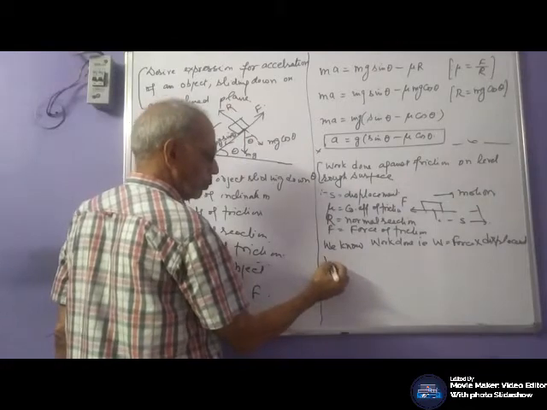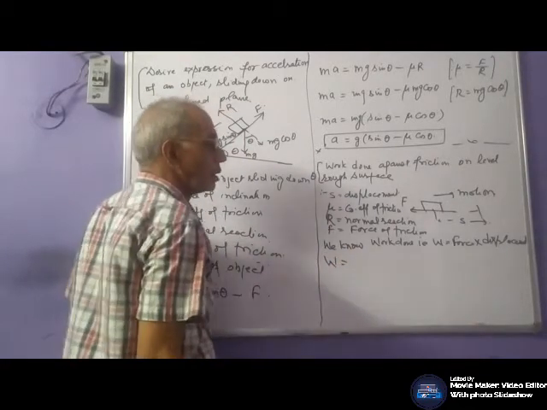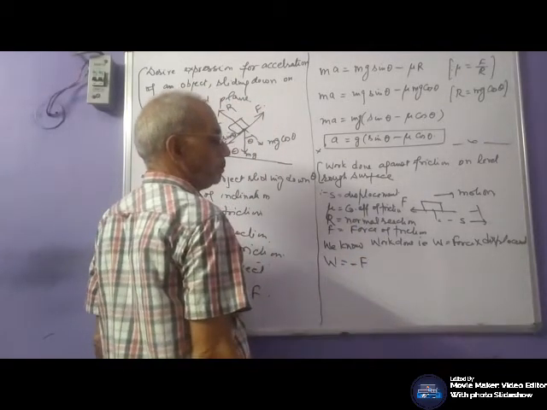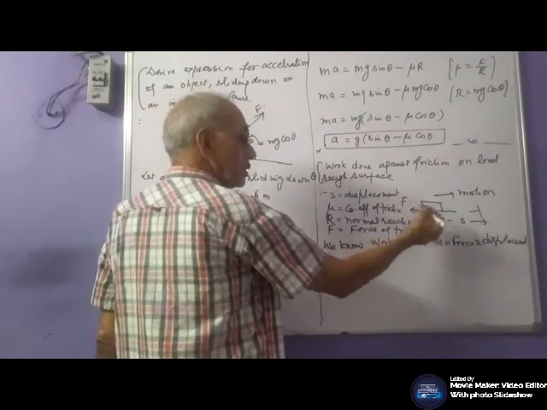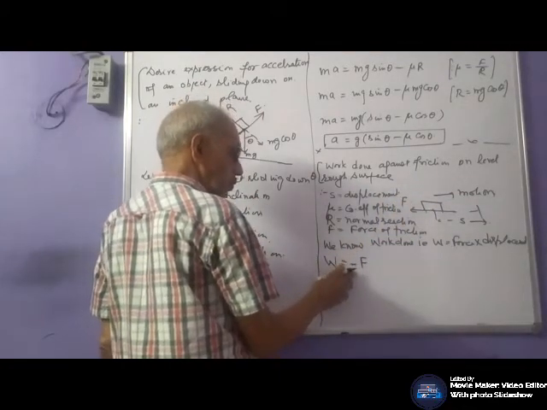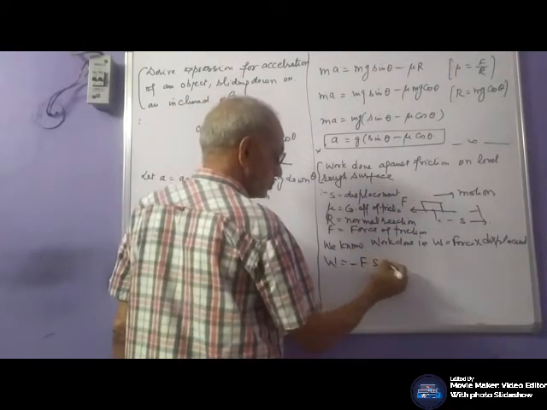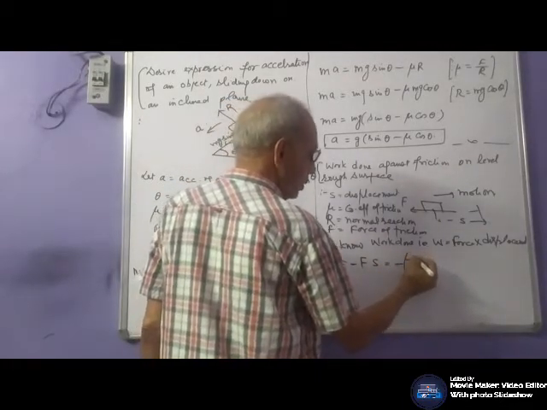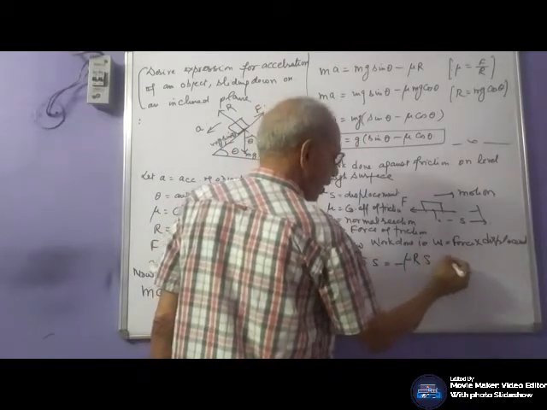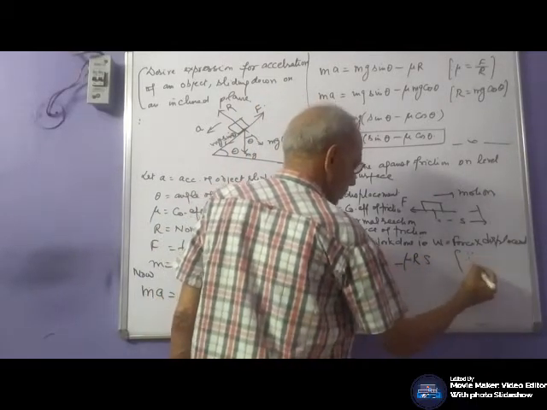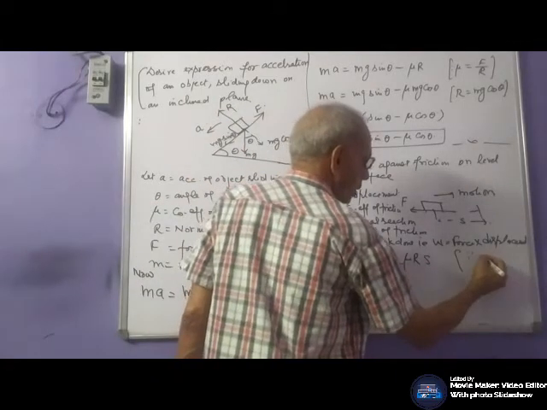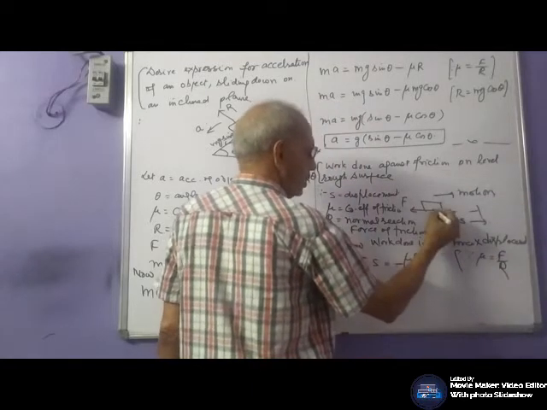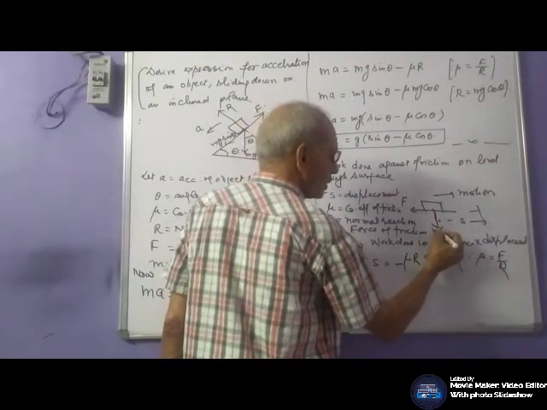Or W, force. According to figure, this is net force in forward direction. Only force of friction is in reverse direction, so this is force, F, mu R s. Mu is F by R. Now here it is weight.